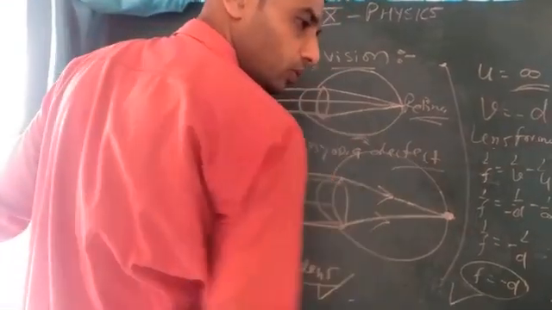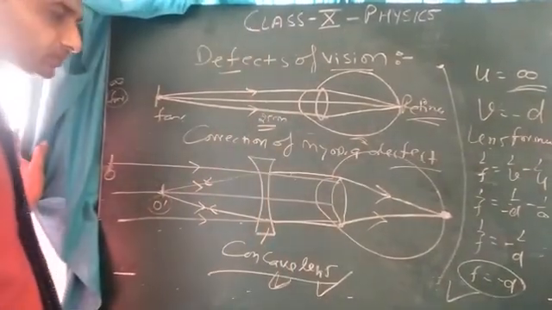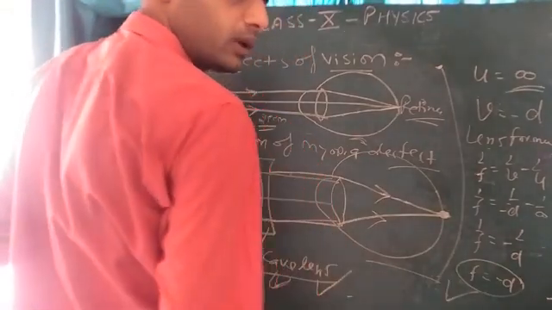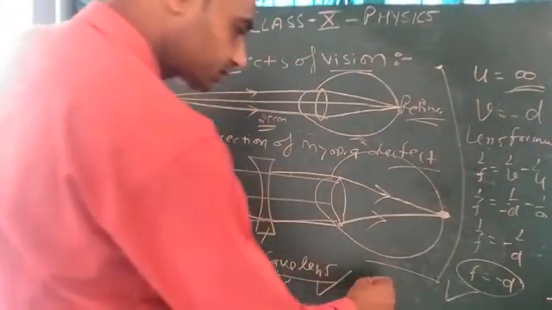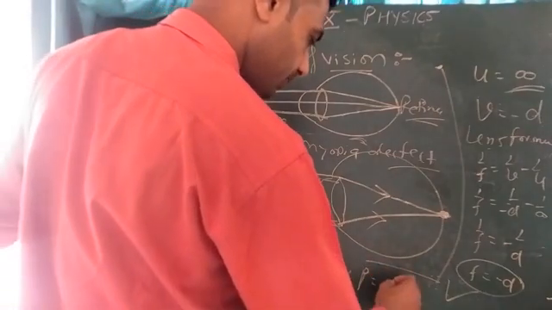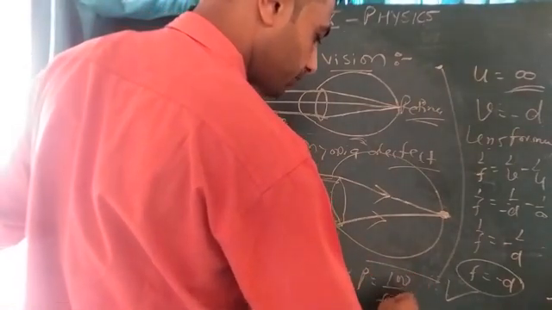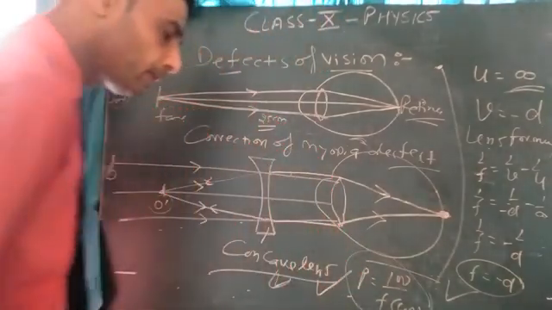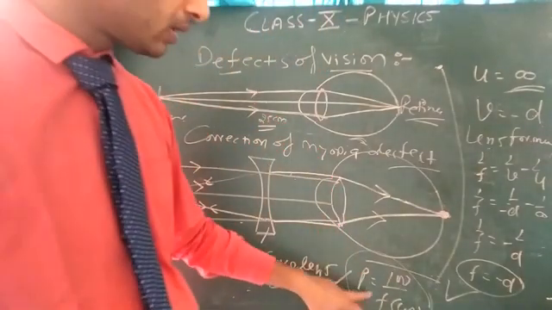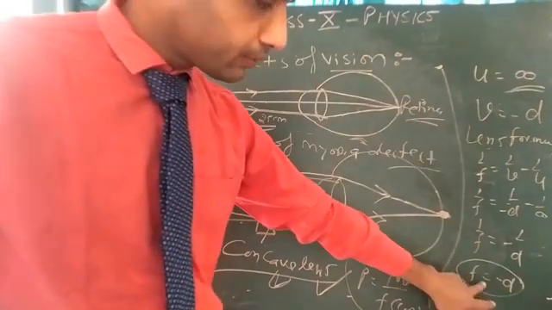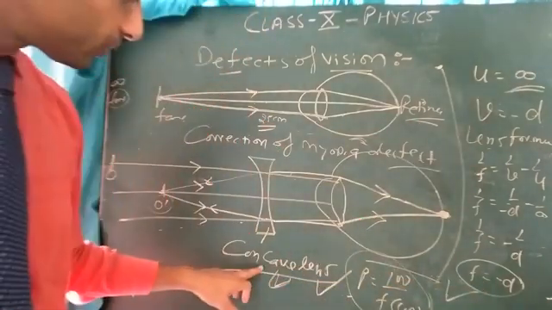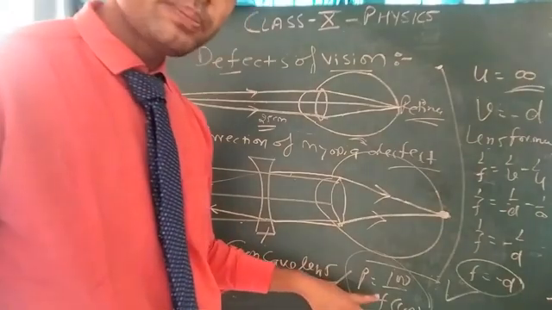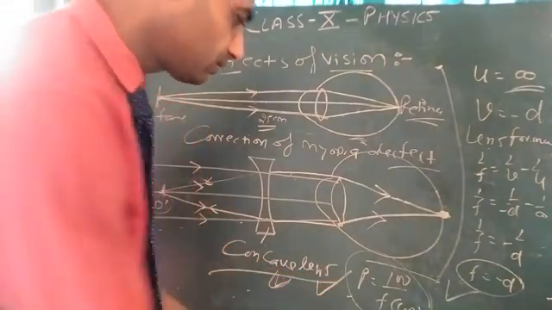Okay, so by using this concept we can find the focal length, and for the power of this concave lens, P is equal to 100 upon F in centimeters, and by using this formula we can find the power.